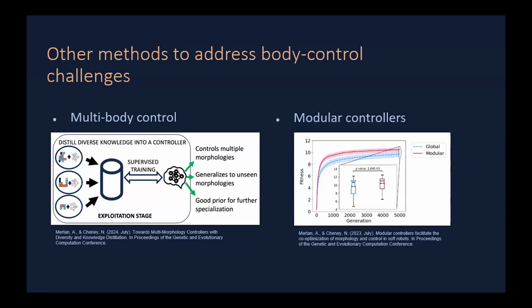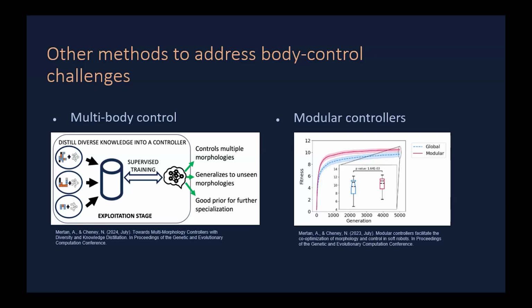One way is to do multi-body control, where you have a single controller which is able to quickly teach or make a robot learn how to move. For example, in this work by Merton and Cheney, you first get a diverse set of robots purely on diversity, so on novelty.